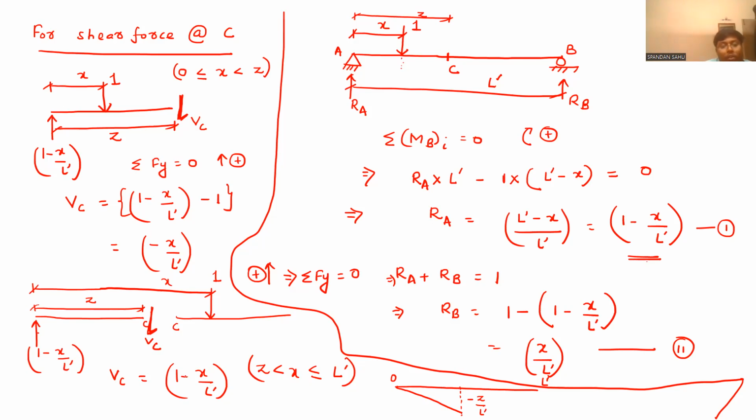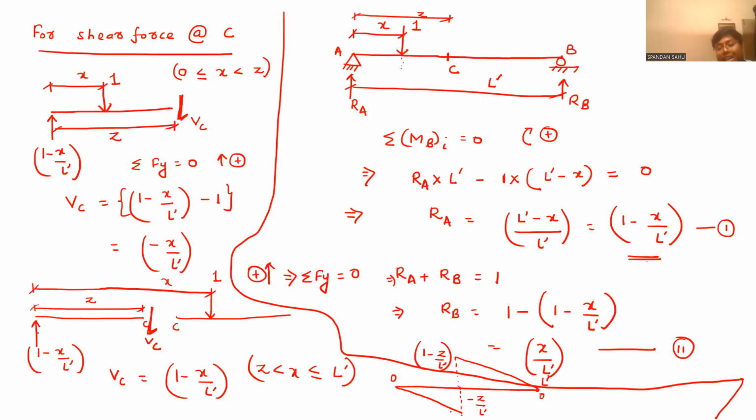When you put it, it will be 1 minus L prime by L prime, which is 1 minus 1, which will ultimately give you 0 here. Now, when you put Z in this equation again, it will be 1 minus Z by L prime. This ordinate will be 1 minus Z by L prime.